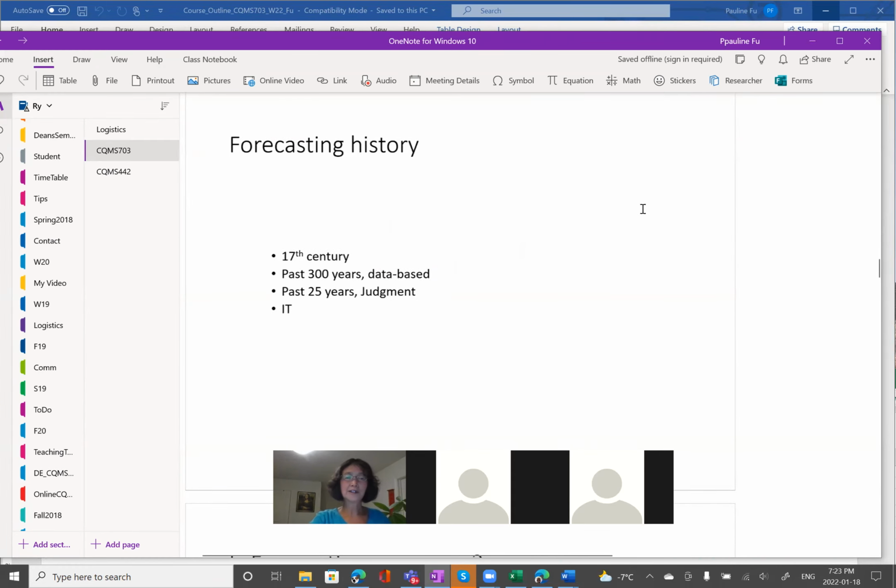For the forecasting history, before the 17th century, forecasting did not have a good name. Most people considered forecasting a waste of time. Some people even considered forecasting a sin.